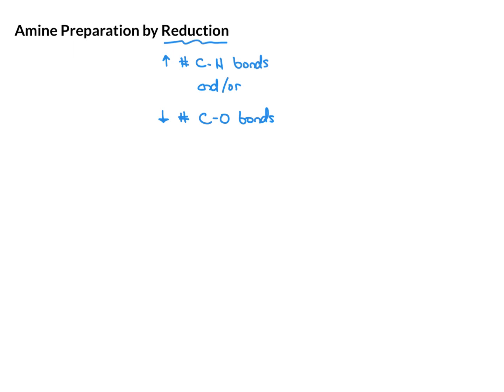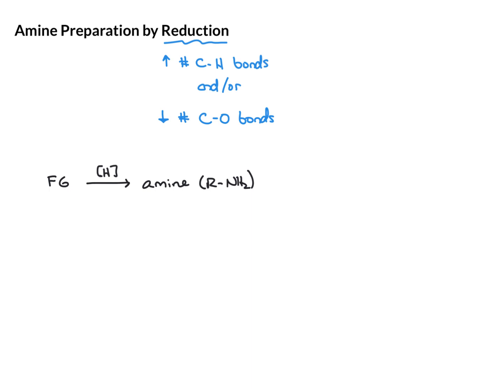So what we're going to be trying to do here is start with some functional group. We're going to do a reduction, and we're going to end up with an amine.